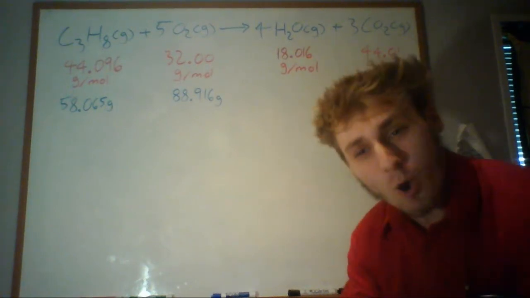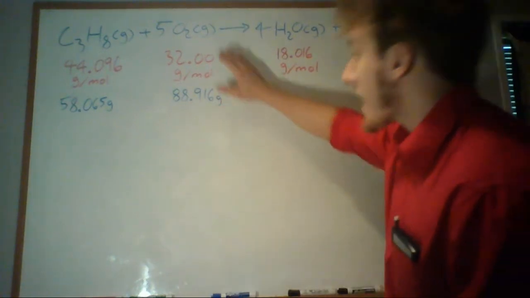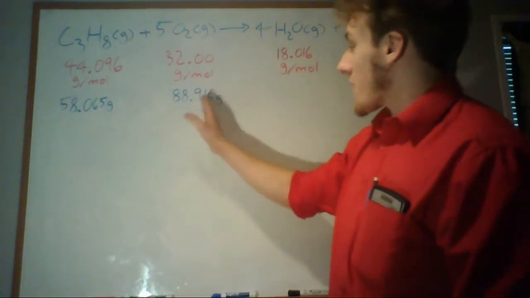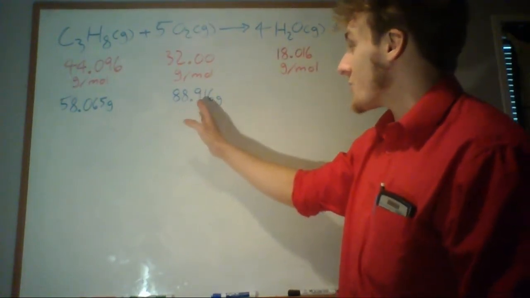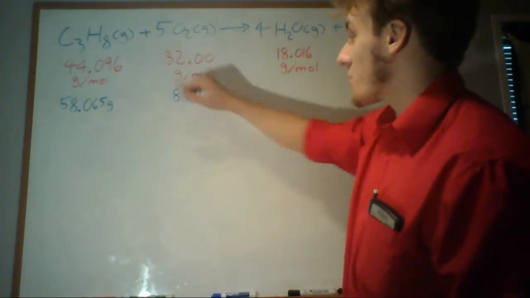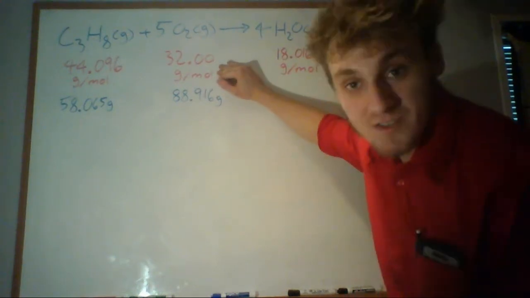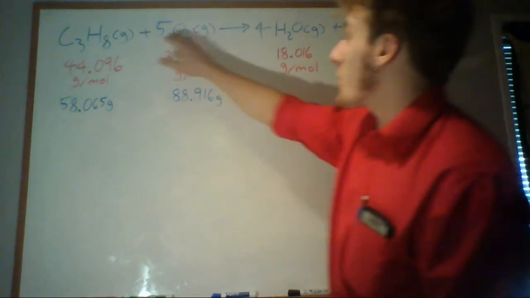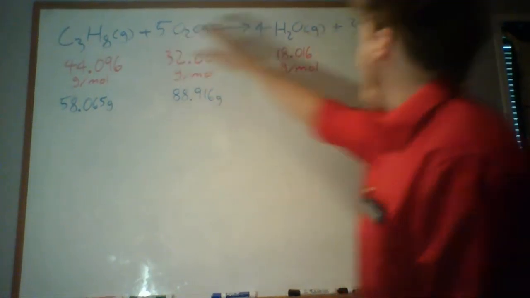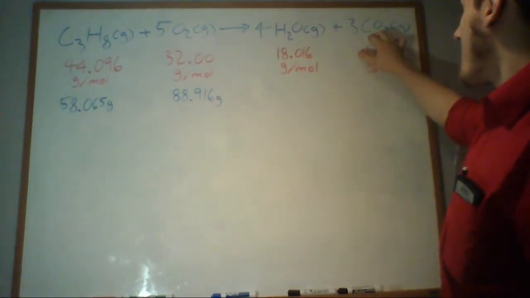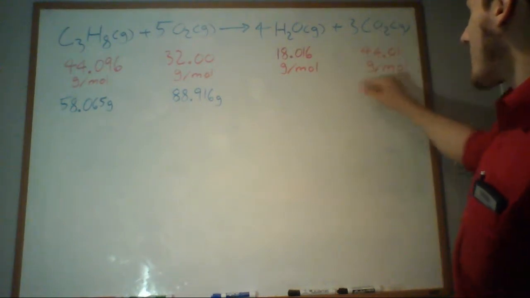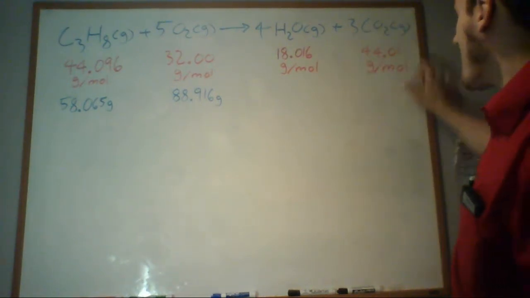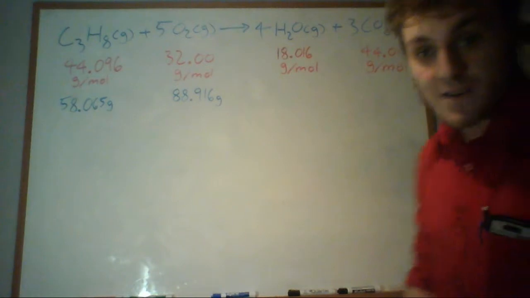And then we'll repeat that whole process for oxygen. So we'll take the grams of oxygen, and using the molar mass of oxygen, we'll go from grams to moles of oxygen. And then using reaction stoichiometry, we'll go from moles of oxygen to moles of CO2. And then we'll go from moles of CO2 to grams of CO2, again using molar mass as a conversion factor.